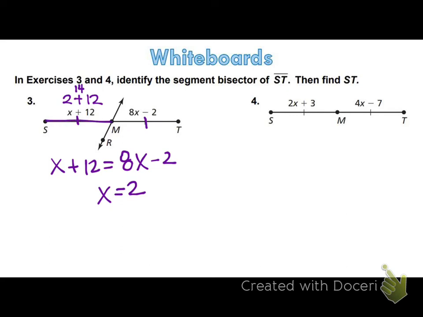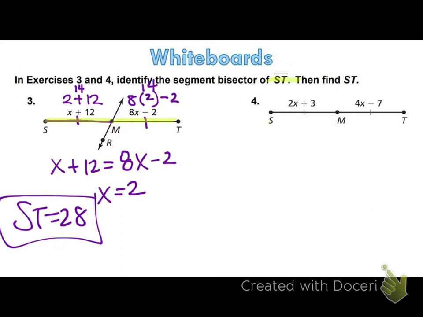But x plus 12 only represents SM. We want ST. So you could plug it in the other side. What's 8 times 2? 8 times 2, minus 2 is 14. So 14 and 14 make 28. So ST equals 28. Okay, go ahead and try the second one if you haven't already.